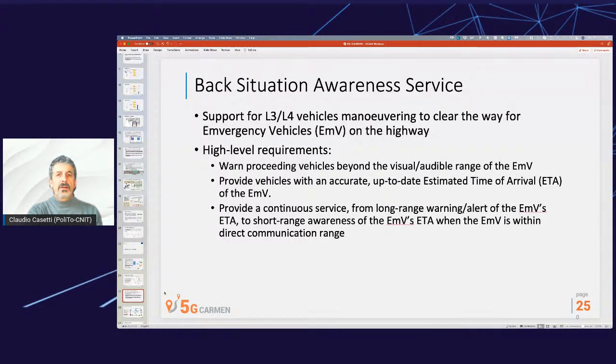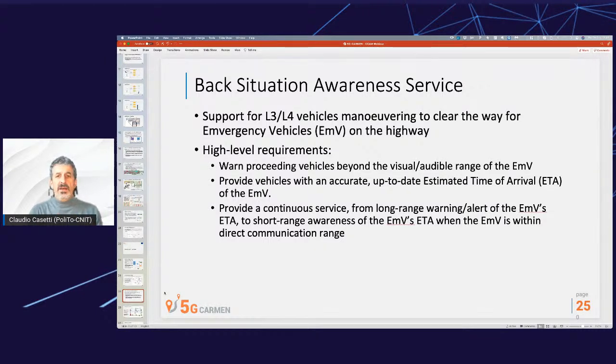Another crucial service for the provision of the use cases envisioned by 5G CARMEN is the BSA, the situation awareness service. Here the idea is to target emergency vehicles and the presence of L3, L4 vehicles on the road. Emergency vehicles, when on rescue operations, must of course have the right of way on the road.